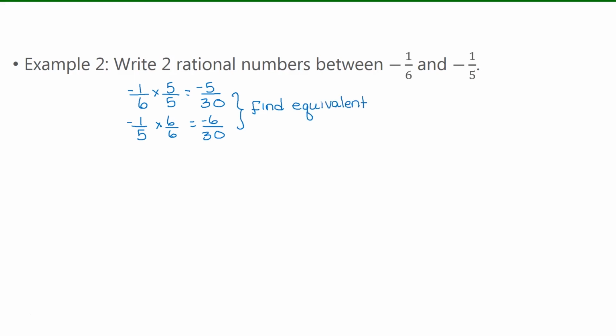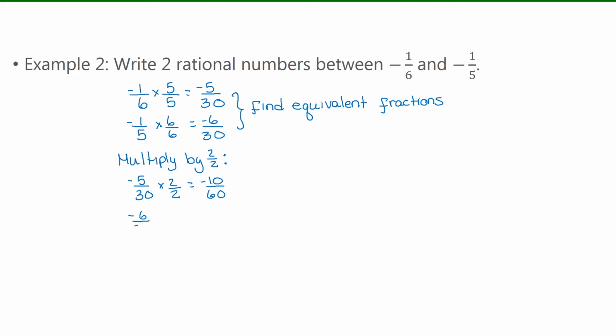Now, equivalent fractions can be found by multiplying the numerator and the denominator by the same number. Multiplied by 2/2, 3/3, 10/10, and so on. So I'm going to multiply each one of those fractions by 2/2. -5/30 times 2/2, -10/60.